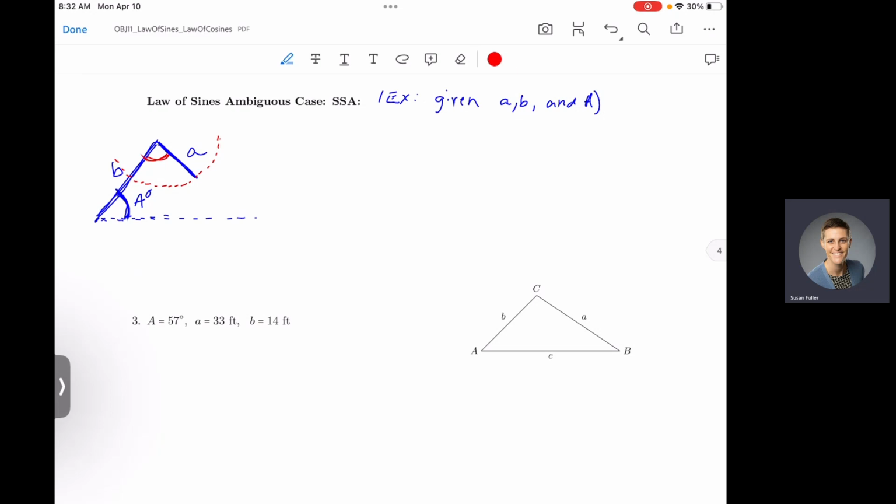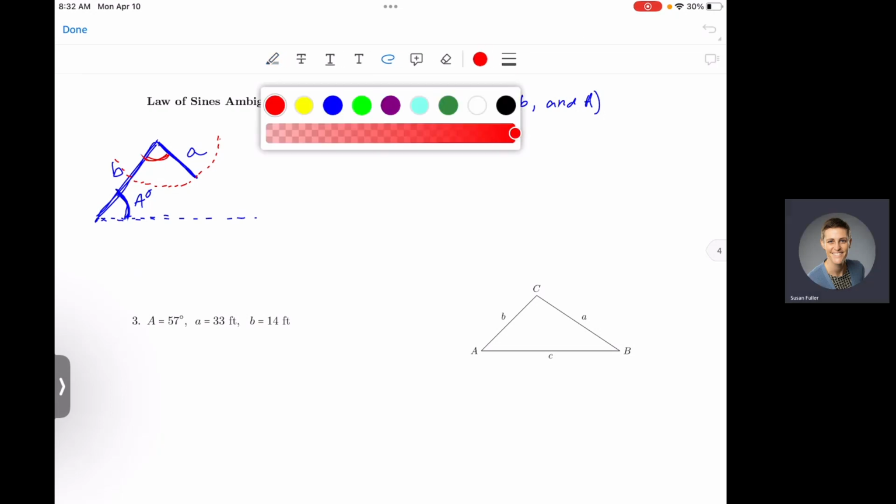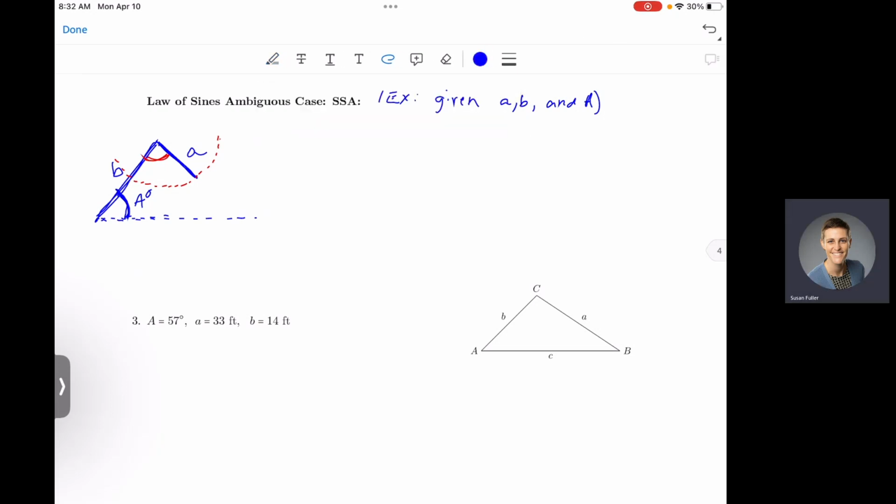But in this situation, my side A is not long enough. It's never going to reach this dotted line down here. It's never going to allow us to complete a triangle. This is when we have no solution. There's no triangle that would make this work because A is too short.